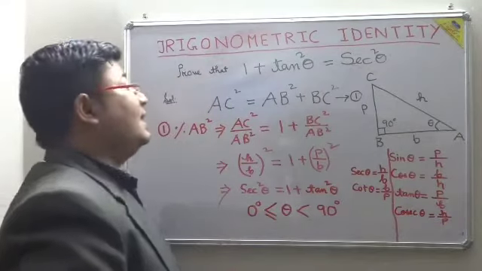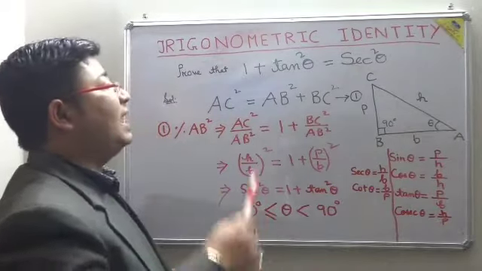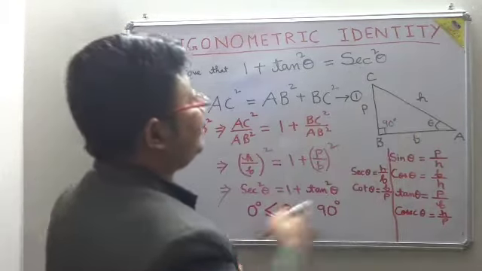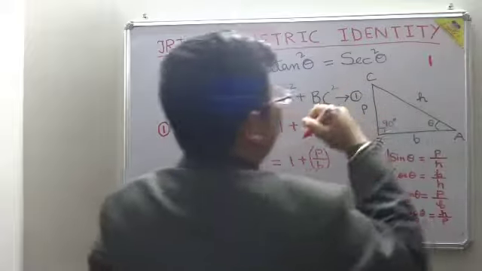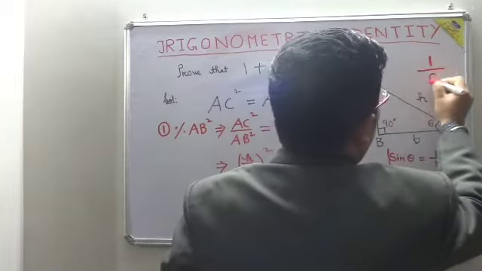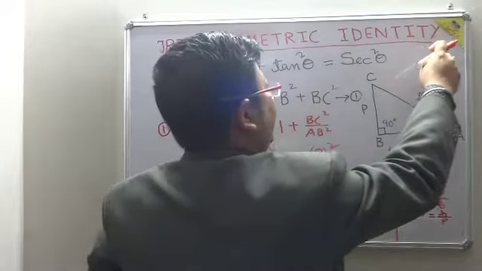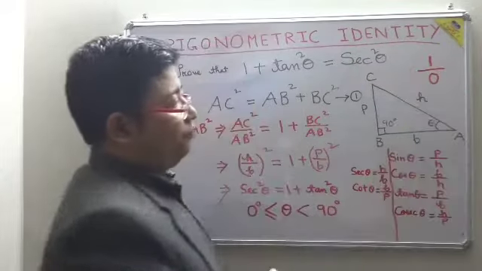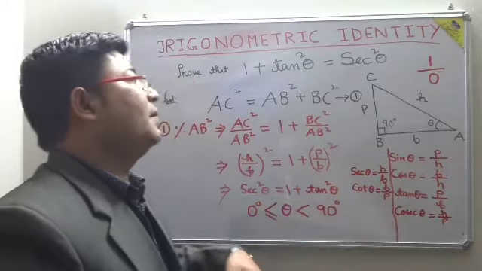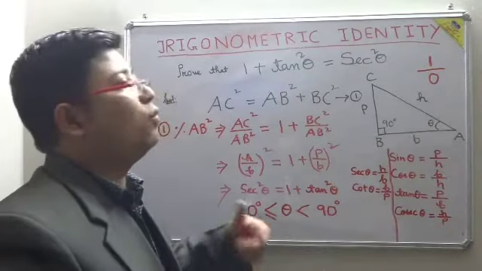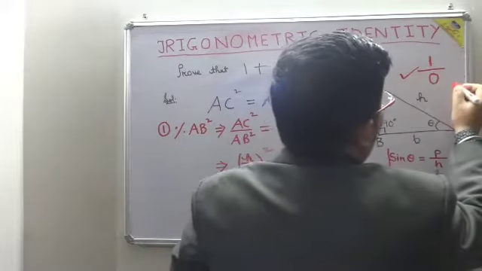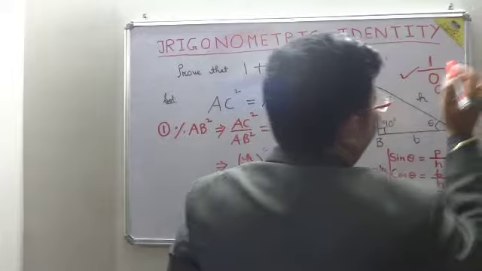Why? Because tan 90 degree is equal to sin 90 by cos 90. We know sin 90 is 1, but cos 90 is 0. I told you, anything divided by 0, whether it may be 10,000, 10 lakhs or 1 crore, will be infinity or undefined.